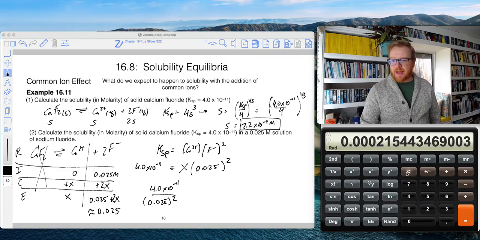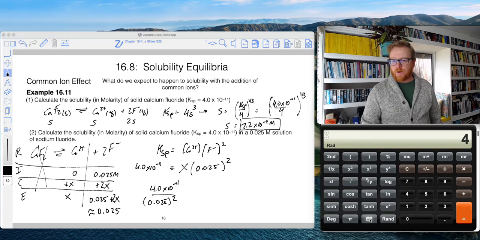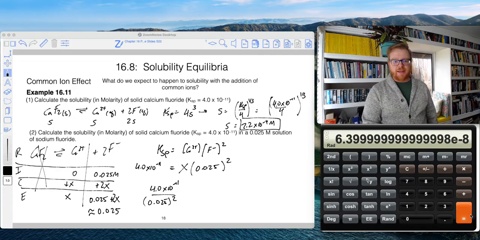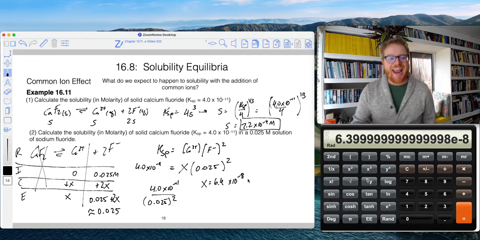And let's do that calculation. So we've got 4 times 10 to the minus 11. And we'll say divided by 0.025 squared equals, okay, great. And I get now this value of X to equal 6.4 times 10 to the minus 8.